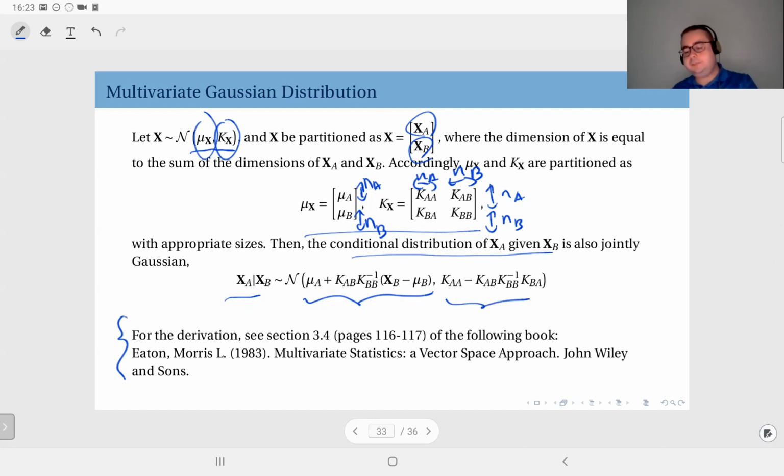You can also derive this using characteristic functions. Again, I'm not going to do it because it's tedious and takes time. But the point here is, if you have a joint Gaussian distribution, any subset will again be jointly Gaussian, and any conditional distribution among the components will also be Gaussian. That's the beauty of the Gaussian distribution.